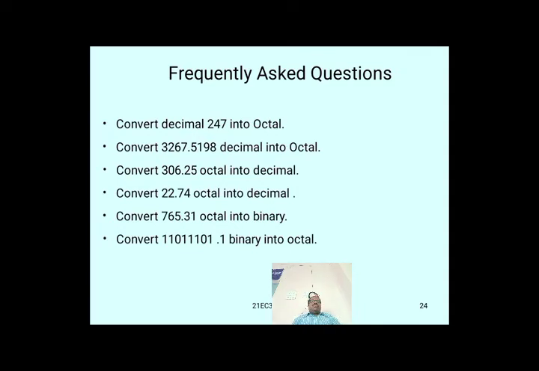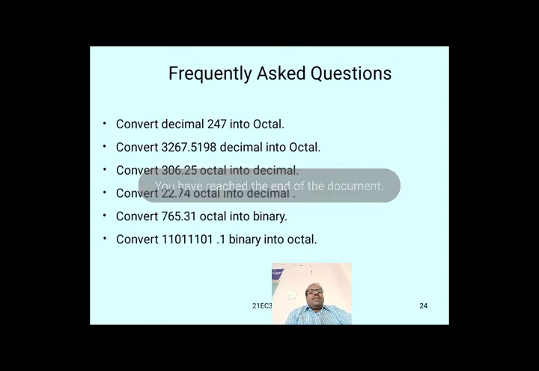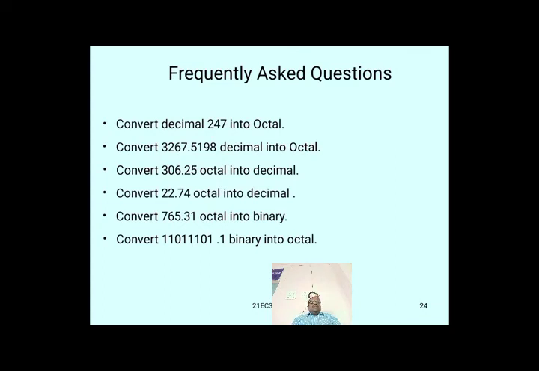Convert 22.74 into decimal. Next, convert 765.31 octal into binary. Convert 110.111.01.1 binary to octal. Please make a note of these questions, complete them and submit in the next class as an assignment.